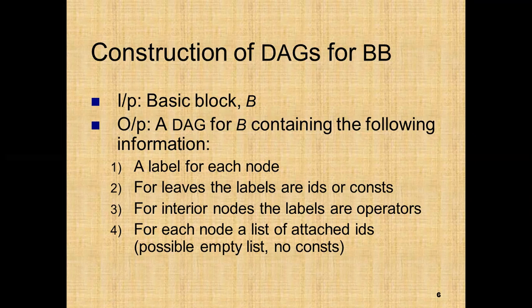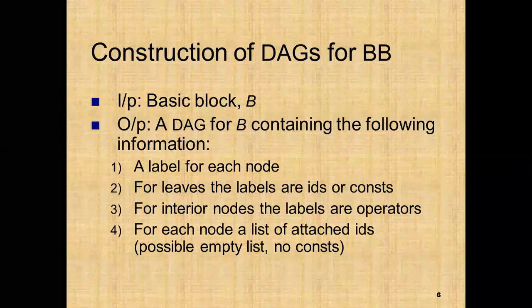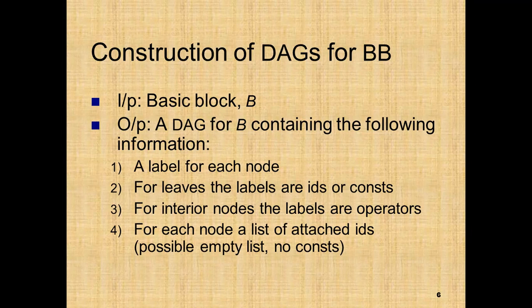Output is a complete directed acyclic graph. With the help of the basic block, you are going to draw the directed acyclic graph. Now you can see a number of points which will be involved, that is called the information for the directed acyclic graph.